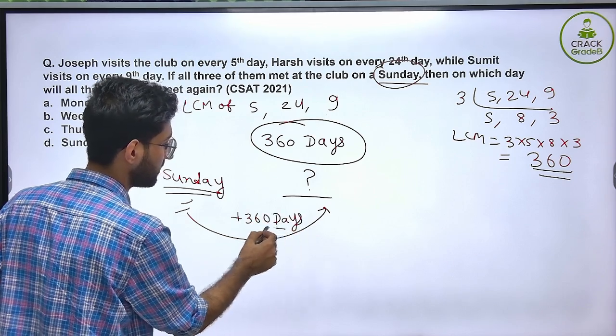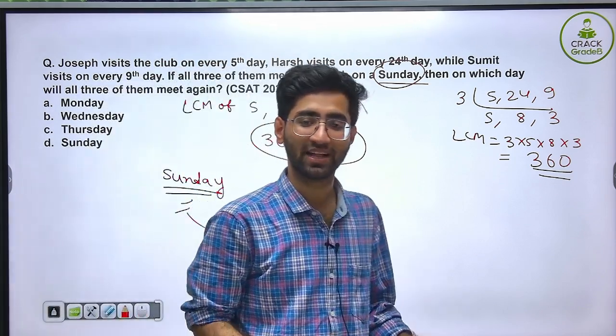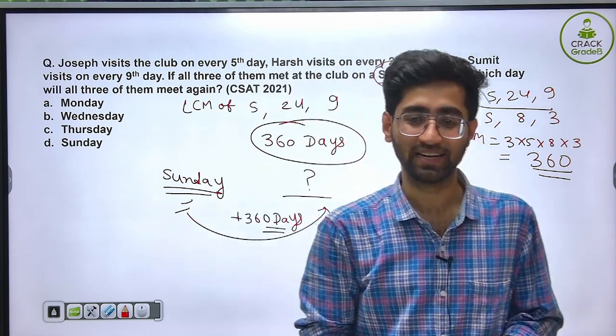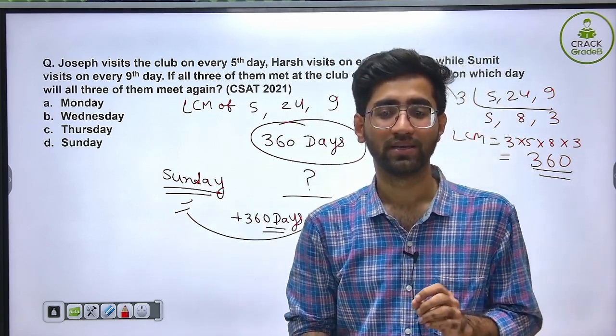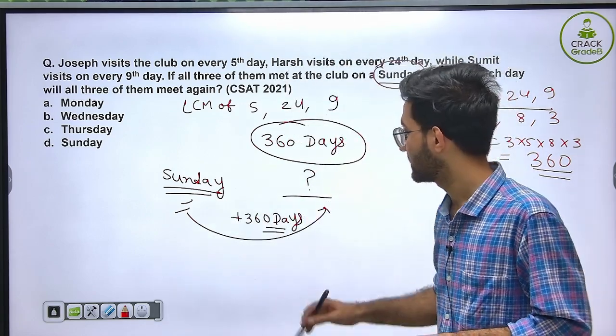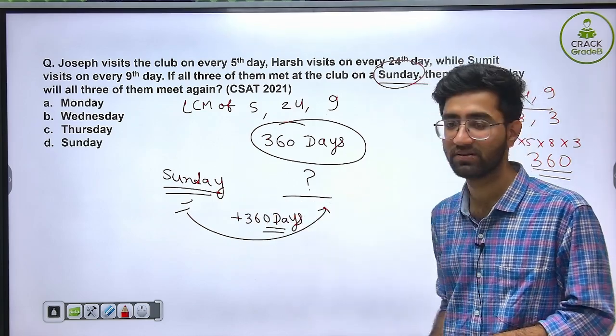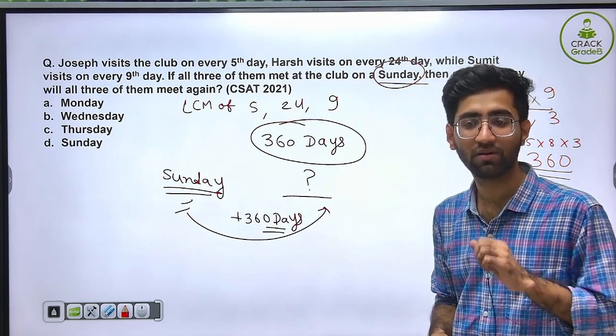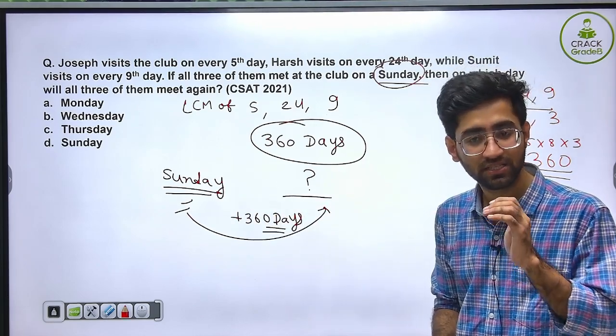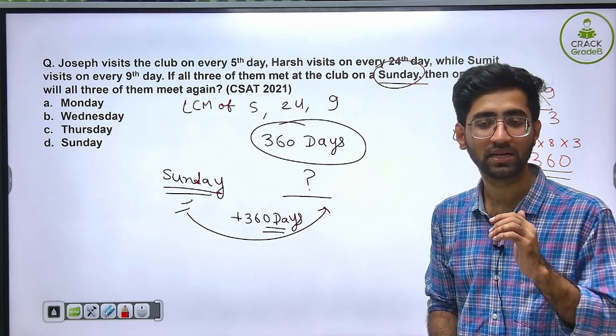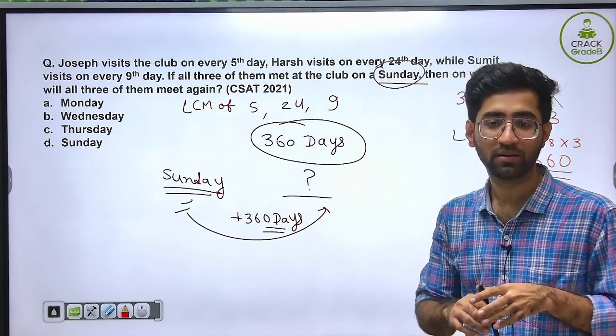Obviously we will learn a lot about calendar in the calendar chapter, but for now you should learn one thing: all of us know that there are 7 days in a week.